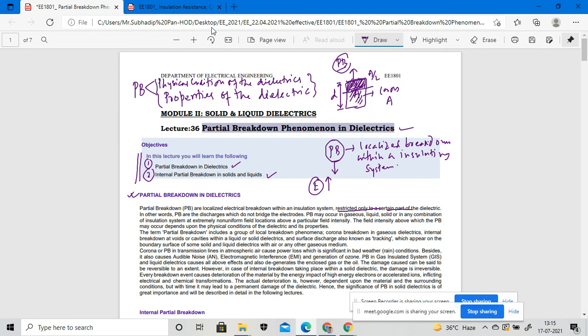We can say this group of breakdown processes is taken into consideration as partial breakdown as a whole. The corona discharge is considered for the gaseous dielectrics.